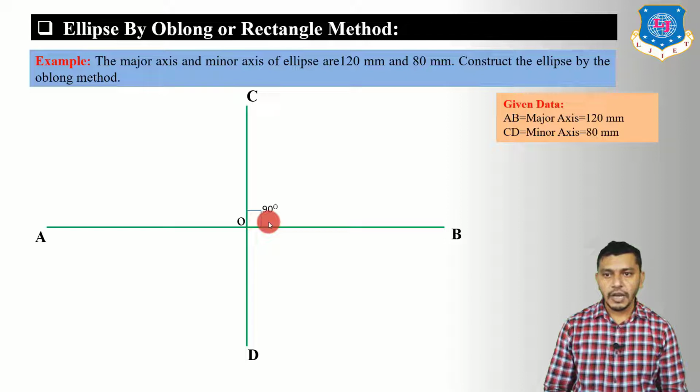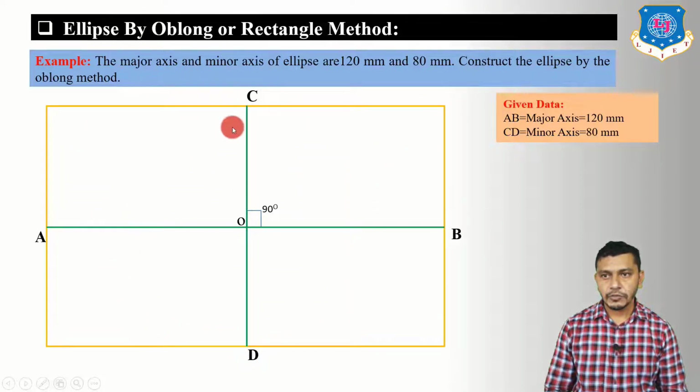Now after drawing the major axis and minor axis, what do we have to do? Because it is a rectangle or oblong method, we have to construct a rectangle passing through points A, C, B and D, as shown in this figure.